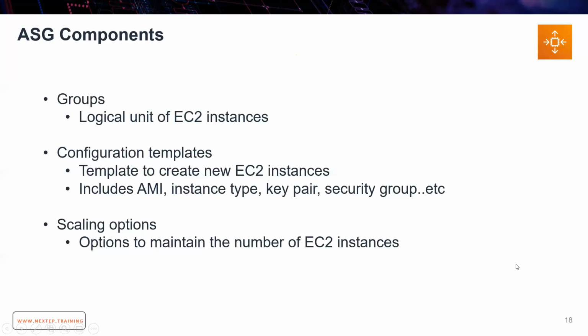So there is something called scaling options. This is where you will specify how many EC2 instances you want to maintain, or you can say, "I have more complicated scaling policies. I want to swing between 2 and 10 instances, and I have step scaling policies. I want you to adjust it. If the average CPU across all the instances in my group crosses 40%, add a couple of instances.